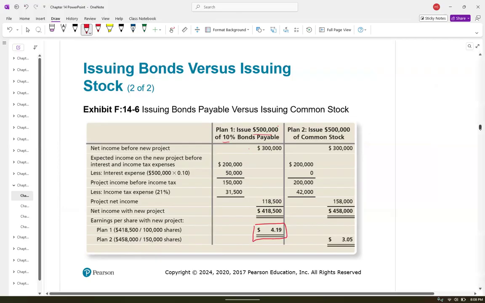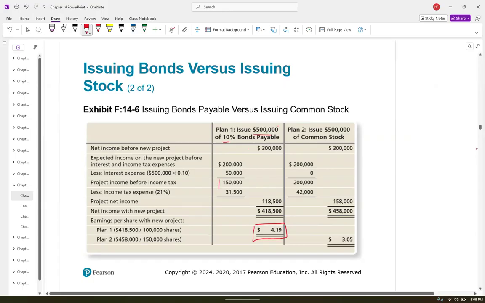If we come over here and issue 500,000 of common stock, we still have our starting net income before the project, and we get the expected income from the new project. We don't get an interest benefit here, so we're taxed on the entire amount.